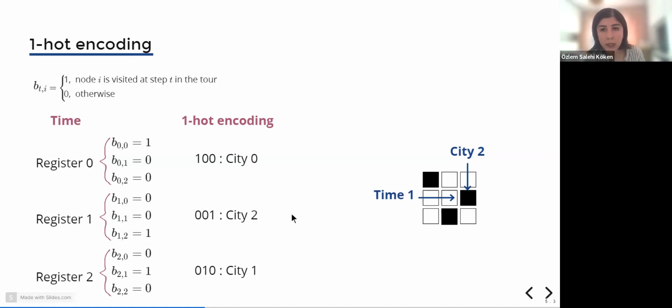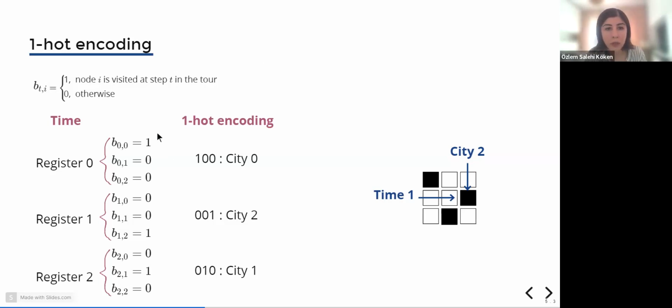Say we have 3 cities, then we will have variables like this, b00, b01, b02, etc. And if, say, b00 is 1, this means at time equals 0, we are in city 0. And at time equals 1, we are in city 2, b12 is equal to 1. And at time equals 2, we are in city 1 because b21 is equal to 1.